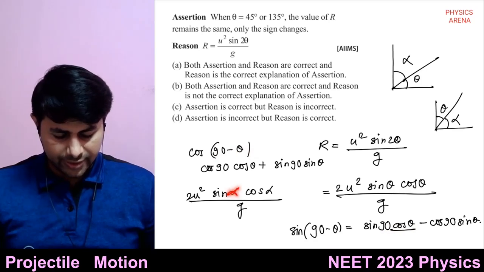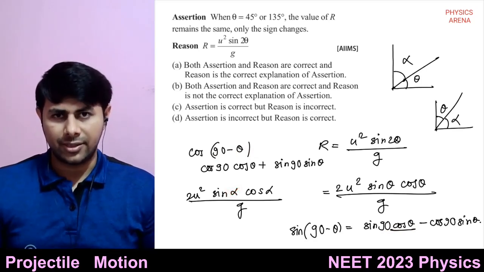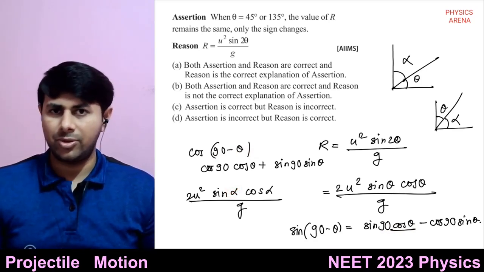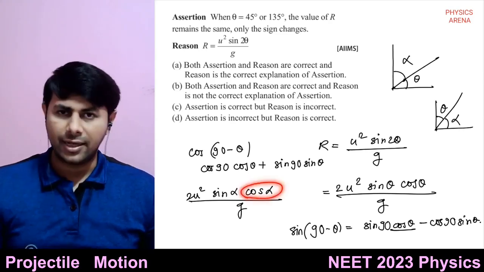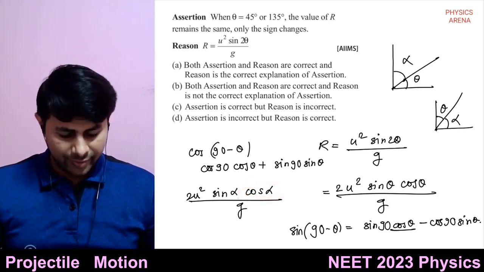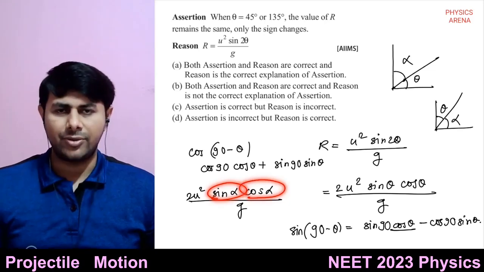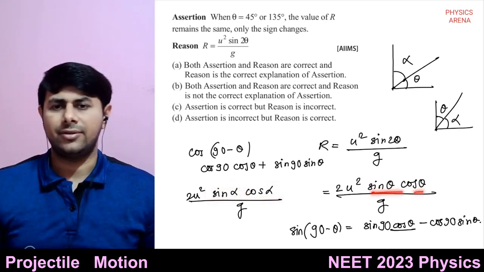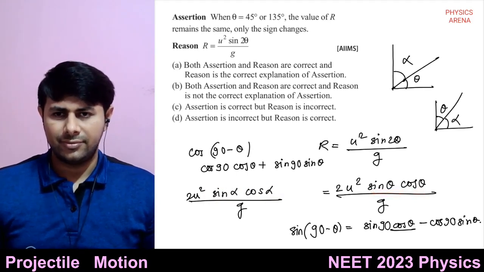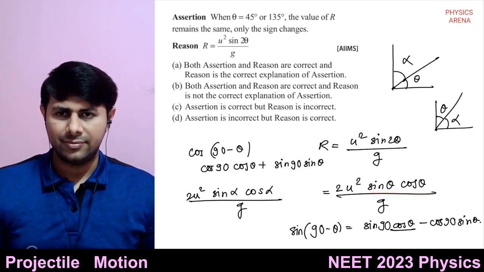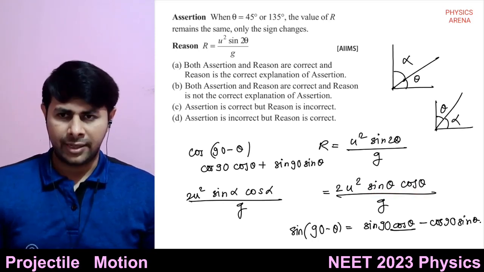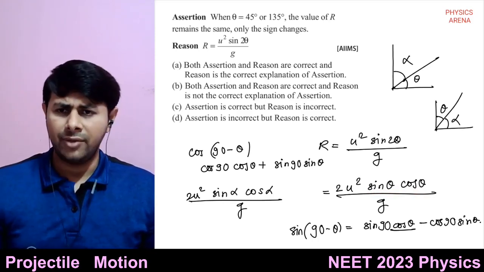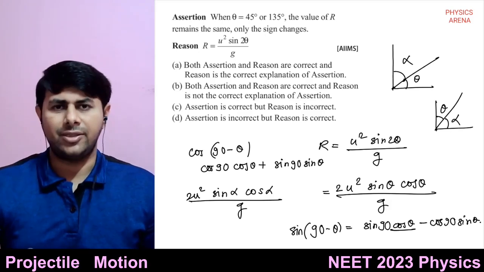Alpha is 90 minus theta, so sin alpha is cos theta and cos alpha is sin theta. So sin alpha cos alpha is equal to sin theta cos theta, and that's why they will have the same range.